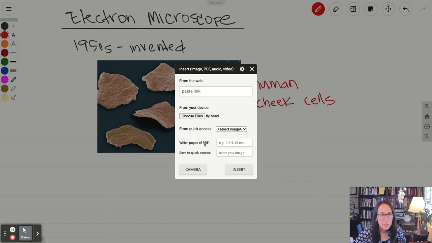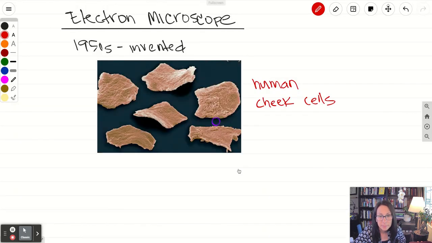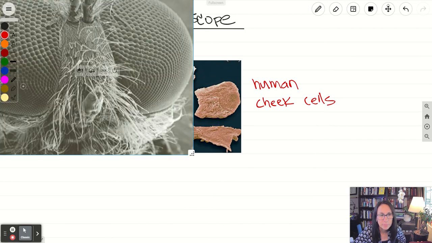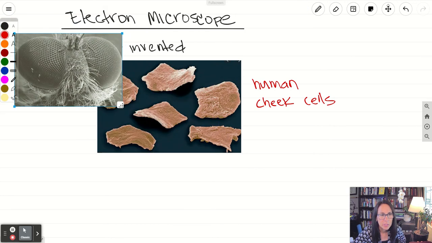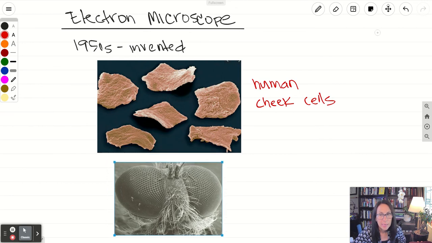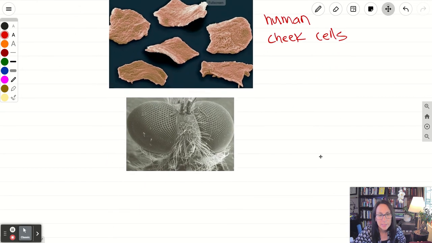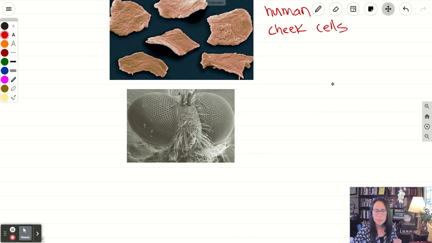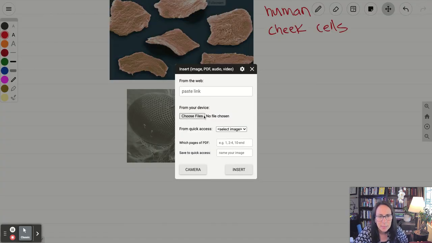Here is a picture of the head of a fly. That's very large, and this is what a fly head looks like. Like I said, you can get a lot of incredible detail using these kinds of tools. You could see a fly head in the light microscope, but you wouldn't get this amount of detail. You can see that their eyes are made of all these little tiny cells. It's really cool.